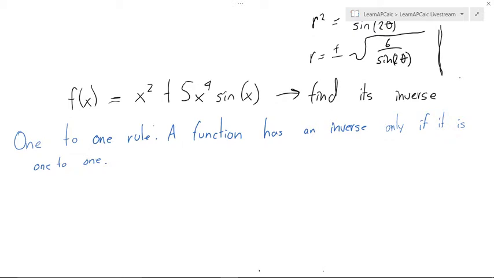This isn't really something that you're going to graph by hand. And if you don't have a calculator, this might be a little tricky to solve. So let's try it. So again, we're swapping x and y. X equals y squared plus 5y to the fourth sine y.